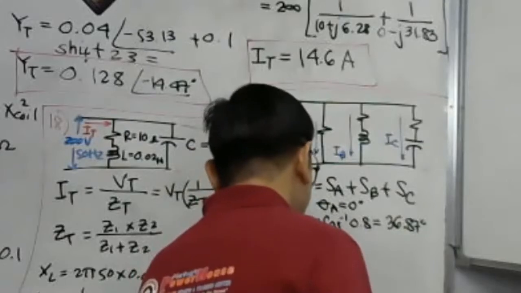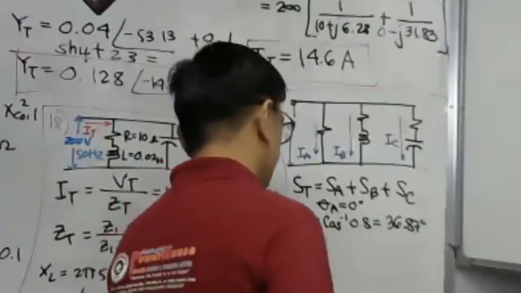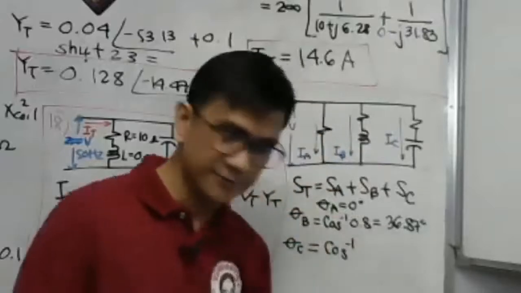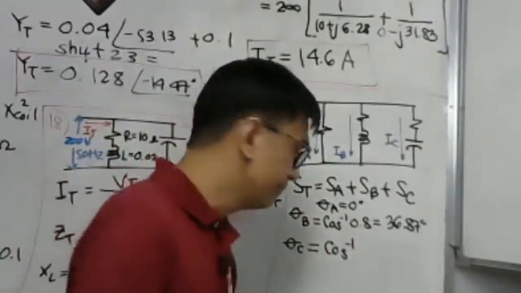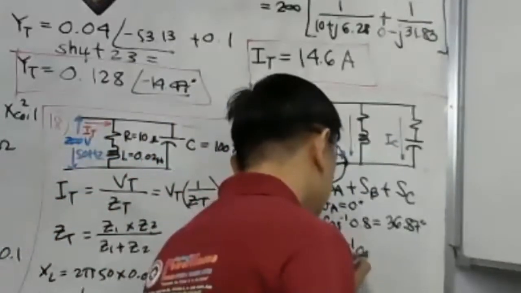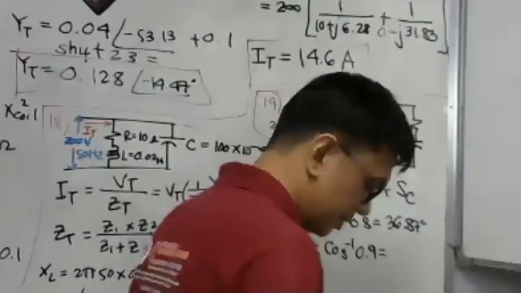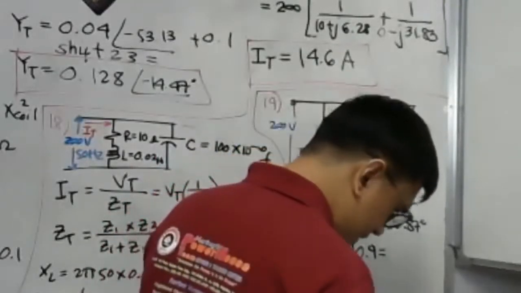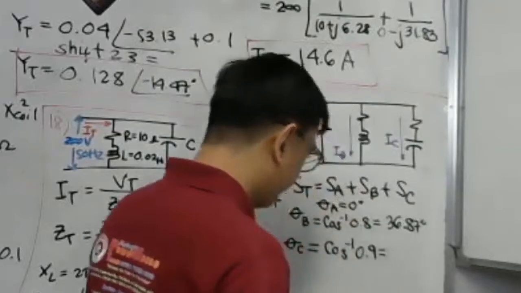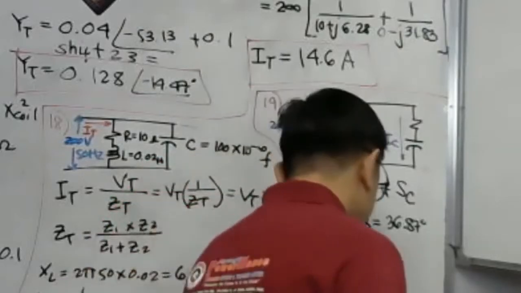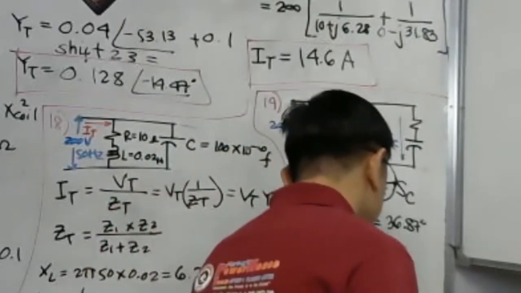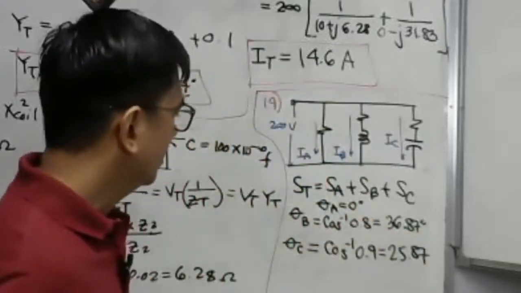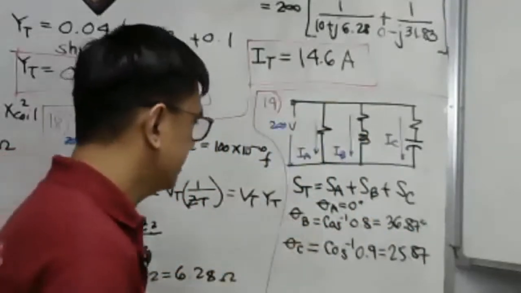What is our theta sub C? That is the arc cosine of the power factor for C, which is 0.9. The arc cosine of 0.9 is 25.84 degrees.